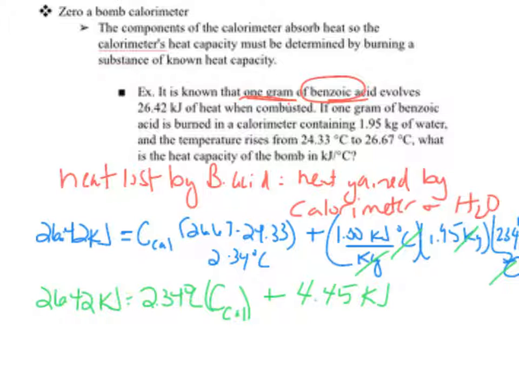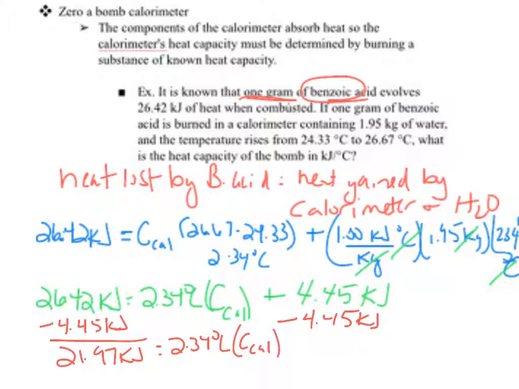So now I just need to move the 4.45 kilojoules over to the other side and get my like terms together and solve for the calorimeter value. Moving the 4.45 to the other side gives me 21.97 kilojoules equal to 2.34 degrees Celsius times our variable. And then I just need to divide both sides by 2.34.